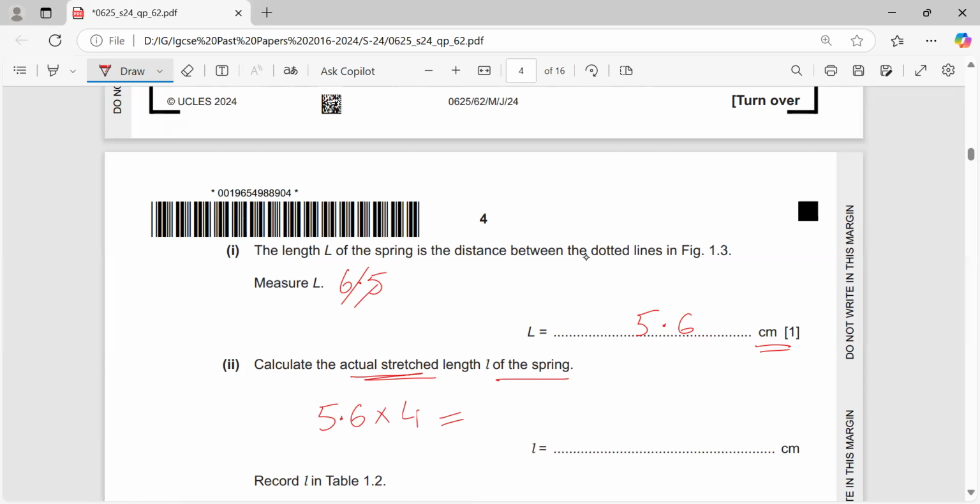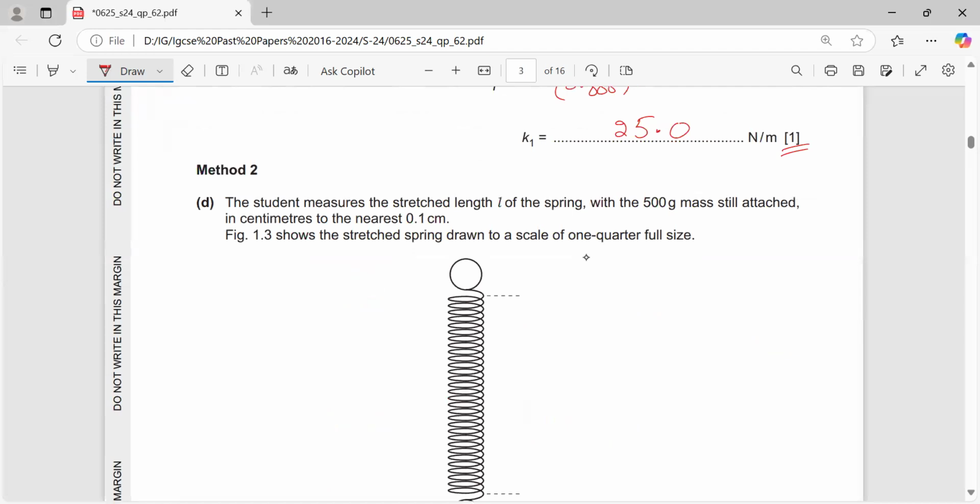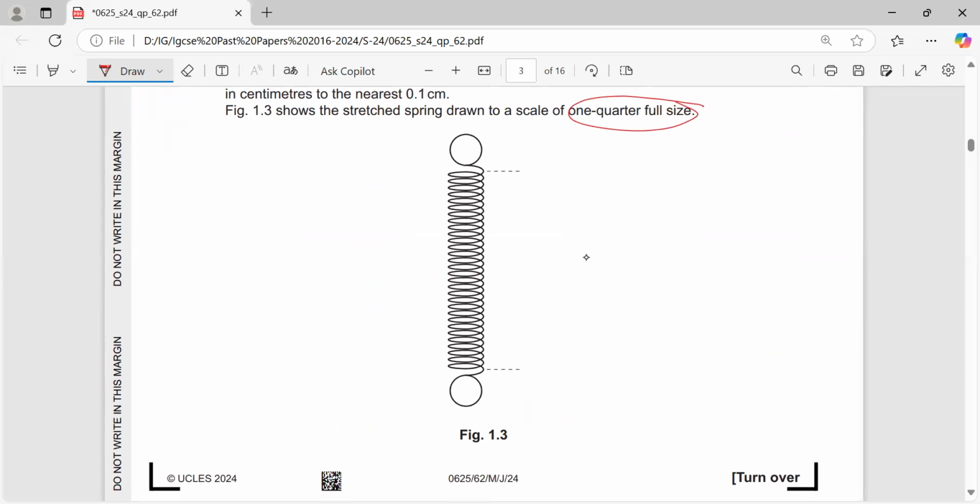5.6 times 4, 22.4. Who will tell me why so? Reading the question carefully is the key to success. The figure shows the stretched spring drawn to a scale of 1/4 of full size. It means here it is shown 4 times smaller, 1/4 of the full size, so actually it will be 4 times larger.